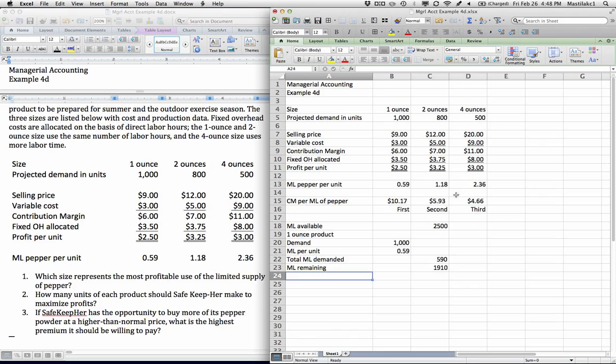So then we can move on to our next product, the second most profitable use of our input, which is a 2-ounce product. Our demand for that product is 800 units. The milliliters per unit is 1.18 milliliters per unit. And so the total milliliters demanded will be 944.